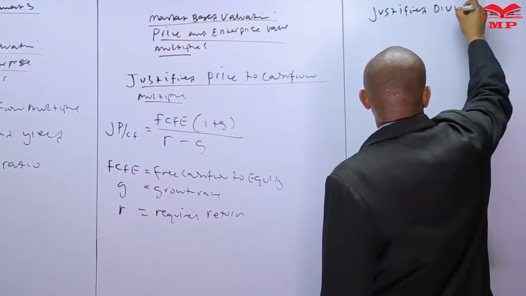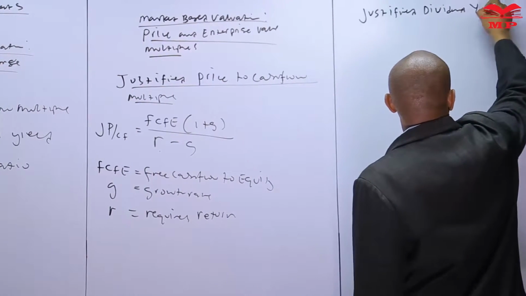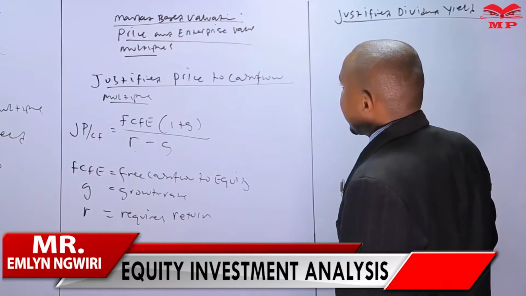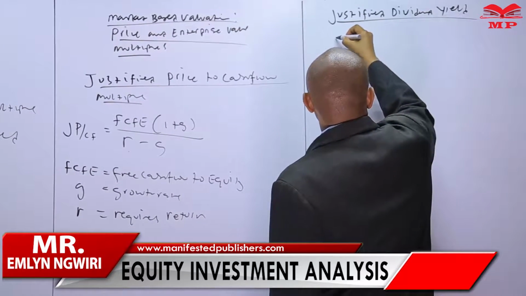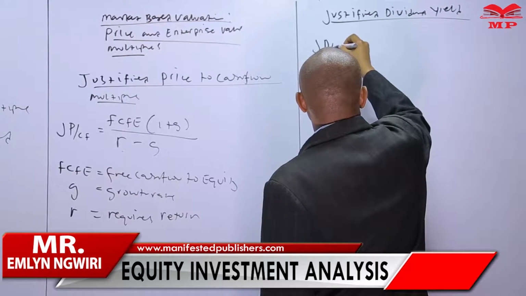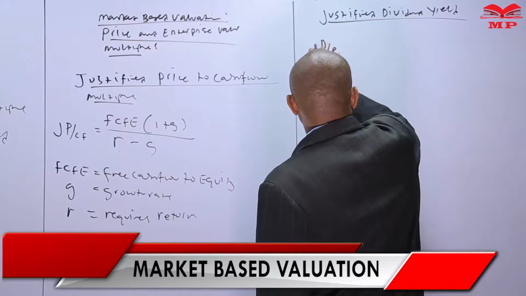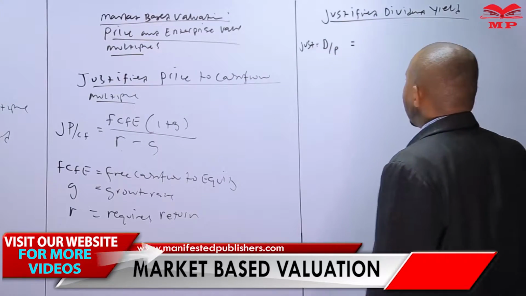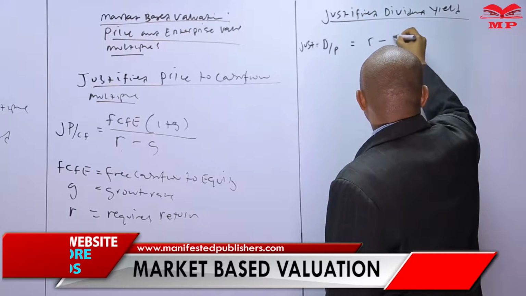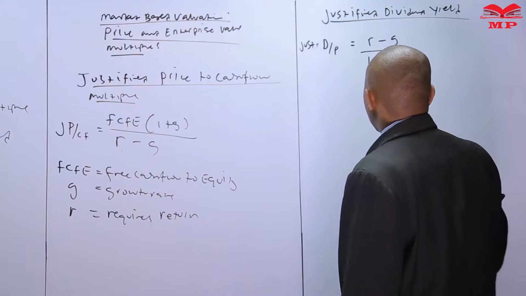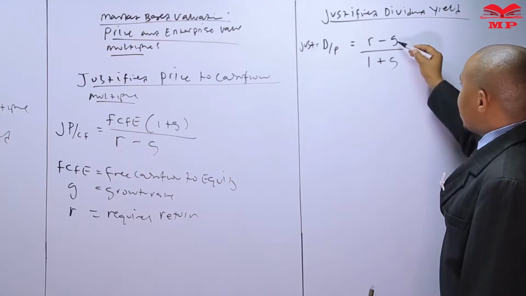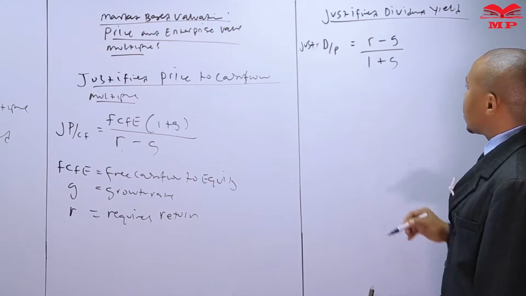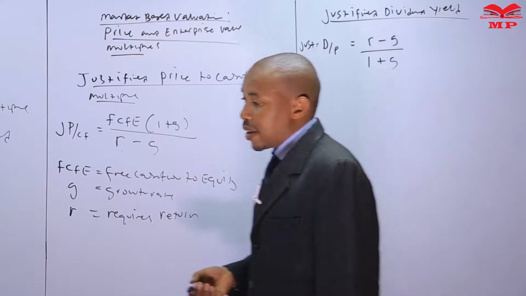Calculating the justified dividend yield is given as justified D to P, which is (R minus G) over (1 plus G), where R is the required return and G is the growth rate. So that is how we get the justified dividend yield.